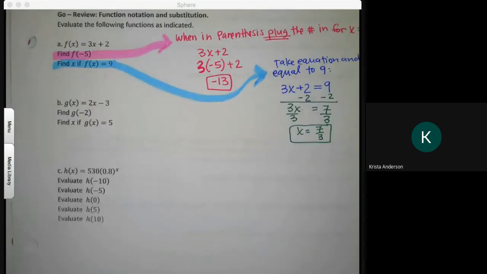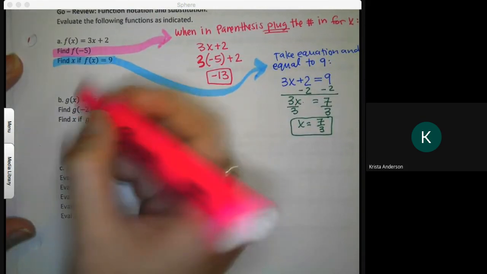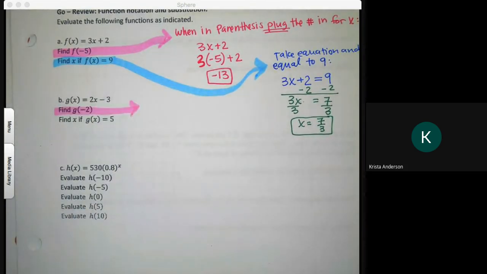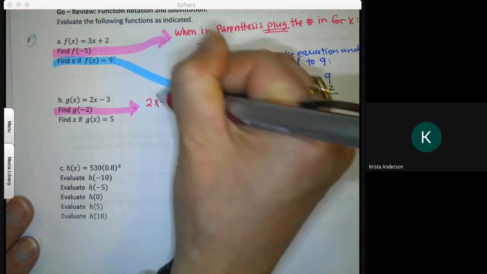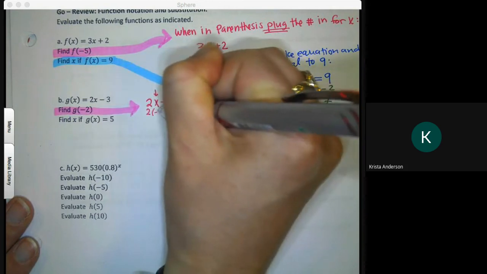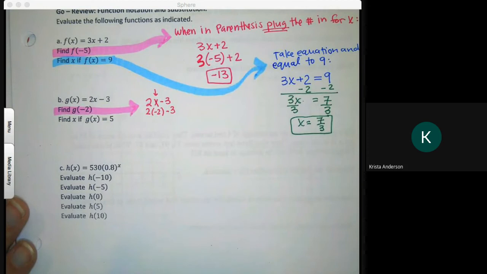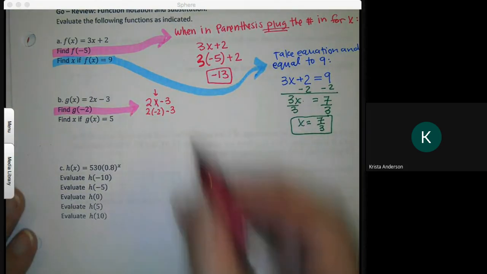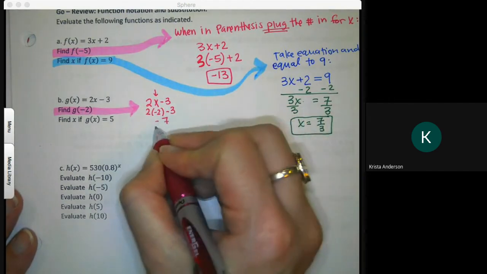Question B, with the negative 2, it's in the parentheses. In the parentheses is the nice one. I just take my 2x minus 3 and I replace the x with the number. 2 times negative 2 is negative 4. Negative 4 minus 3 is negative 7.